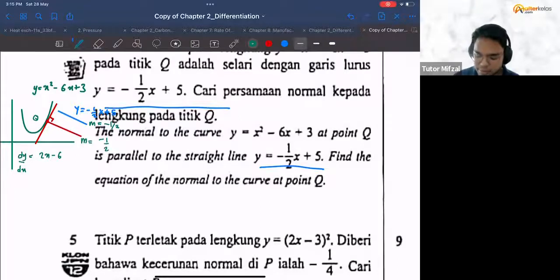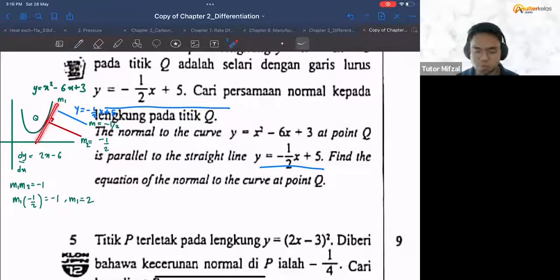And remember, M1 M2 equals -1. So if M2 is -1/2, then our M1, which is the gradient of the tangent, would be M1 multiply dengan -1/2 equals -1. So kiranya M1 kita akan dapat 2 lah. So sekarang ni kita dah tahu that this gradient over here is 2.